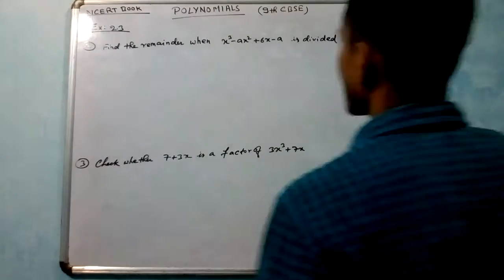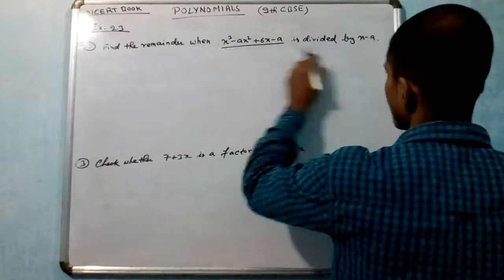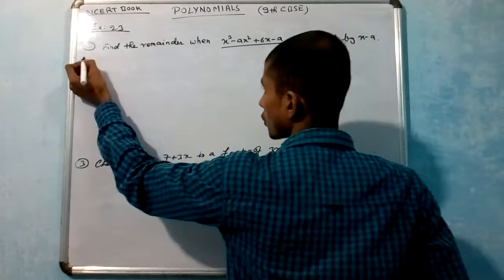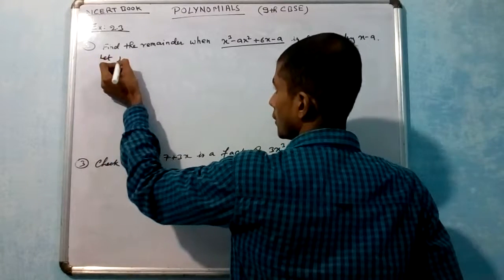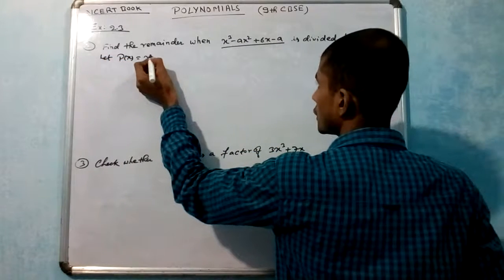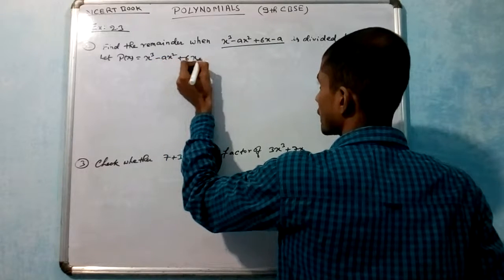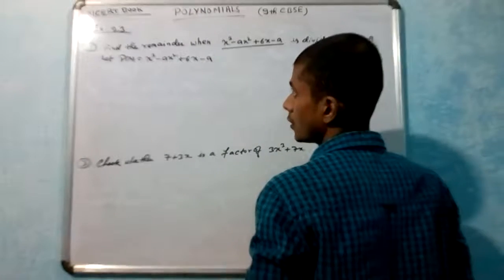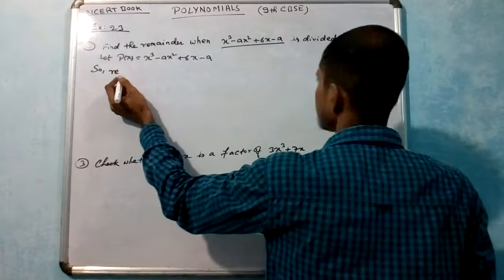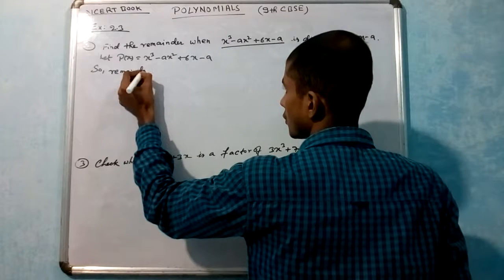So now see, find the remainder when this is divided by x minus a. So how will we solve? Let this be p(x), x cube minus a x square plus 6x minus a. So the remainder will be p of what?